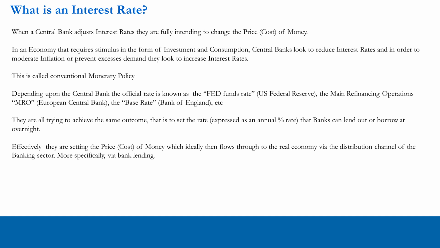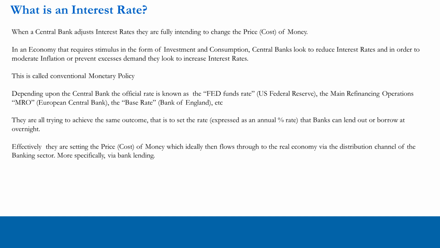And in order to moderate inflation or prevent excess demand, they look to increase interest rates. This basic approach from central banks is called conventional monetary policy. They are using interest rates to stimulate or cool down the economy.